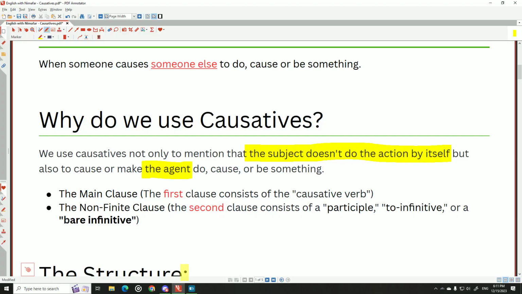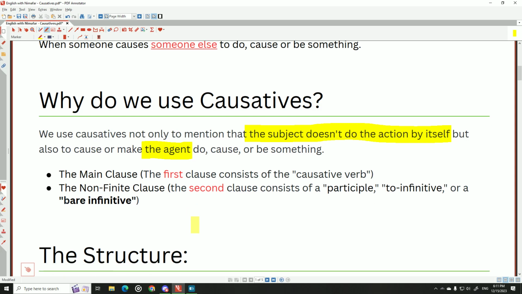So, when you say, I had my car fixed, or I will have a mechanic fix my car, it implies that you didn't do it, and someone else did it for you. My car was broken down, so I had a mechanic fix it. I paid a mechanic to fix it. I didn't do it. I was standing there watching TikTok movies, but the mechanic was fixing it.